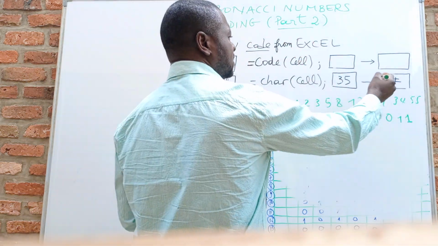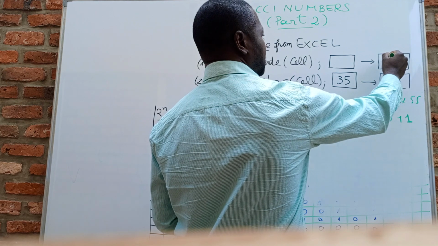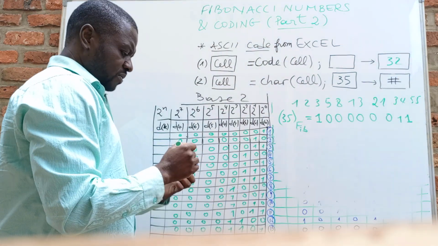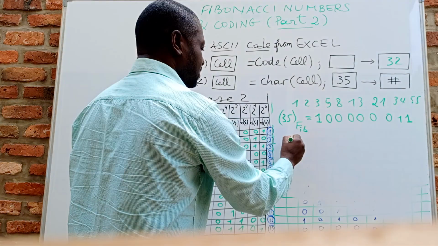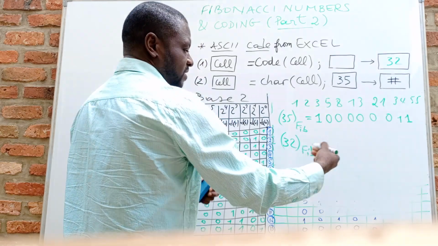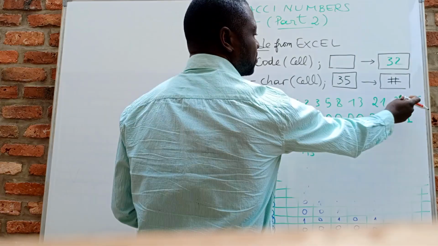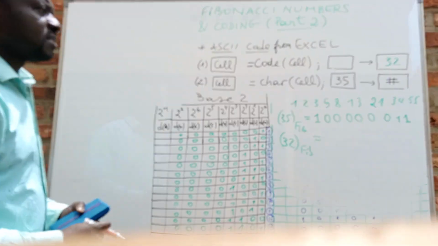If you are in Excel, you choose the code function and it will return the number 32. So suppose you want to represent 32 in this so-called base. We don't need 34 because 32 is less than 34.